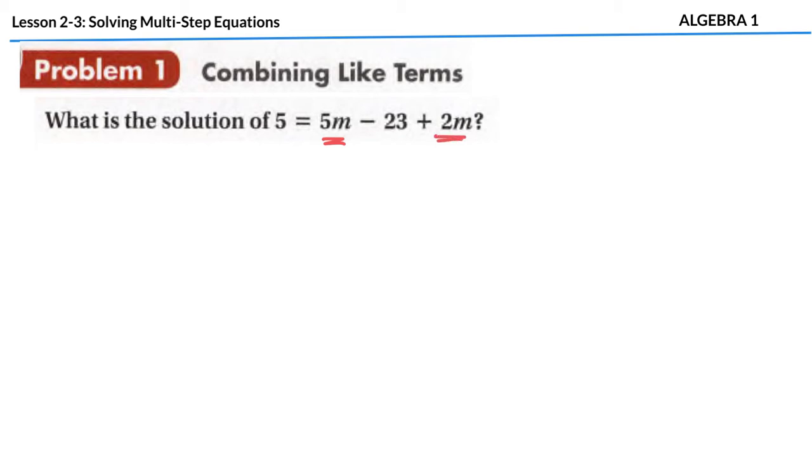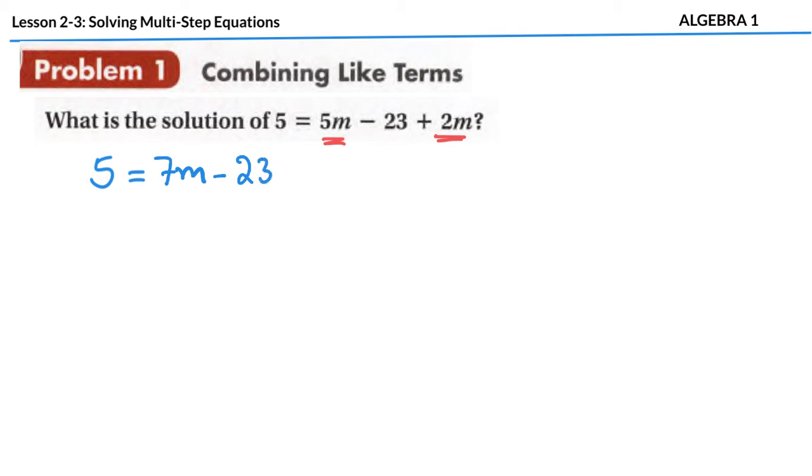They are, because they have the same variable with the same power. So let us add the like terms together. How does our equation look like? 5 is equal to, now 5m plus 2m is going to be 7m, 7m minus 23.